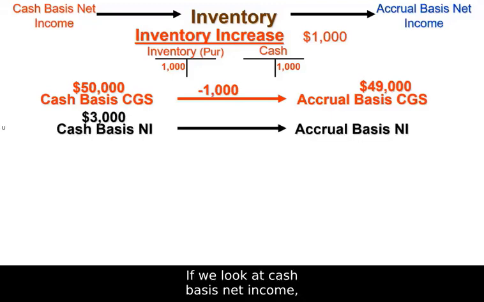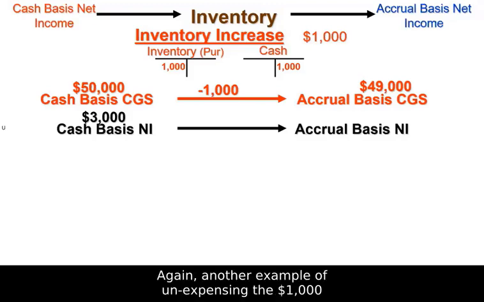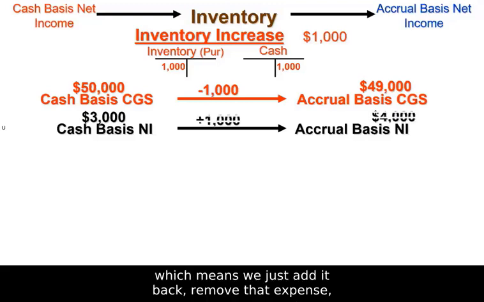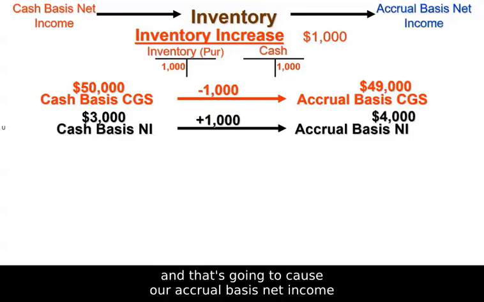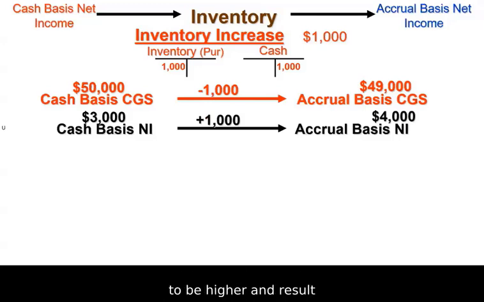If we look at cash basis net income, that $1,000 is included in the $3,000. But because we can't include it, we must exclude it to find accrual basis net income. Again, another example of unexpensing the $1,000, which means we just add it back, remove that expense, and that's going to cause our accrual basis net income to be higher and result in accrual basis net income of $4,000.